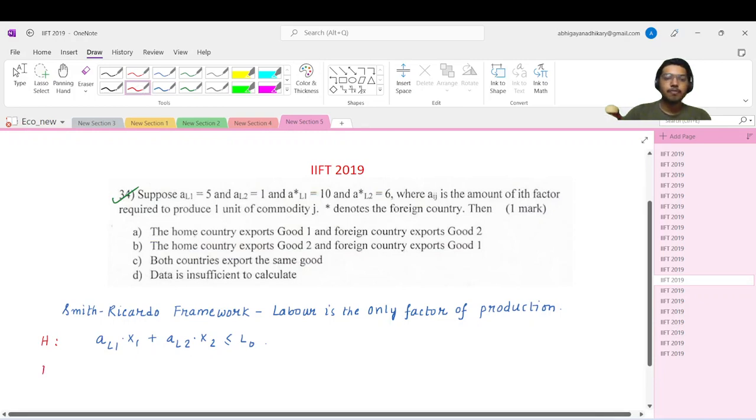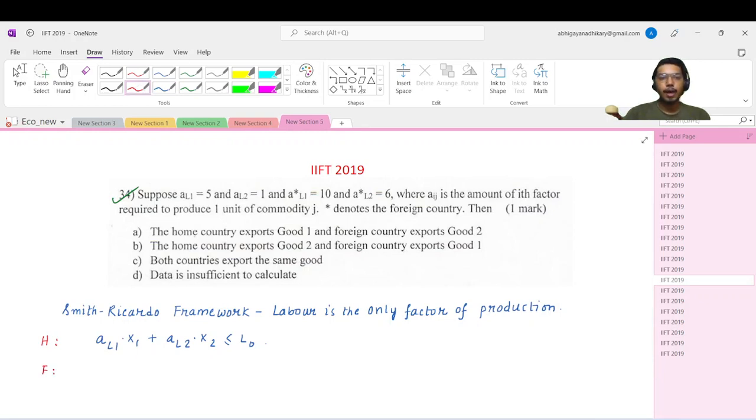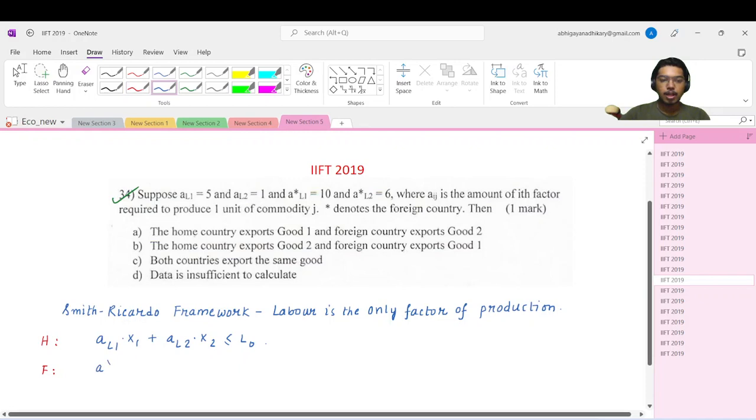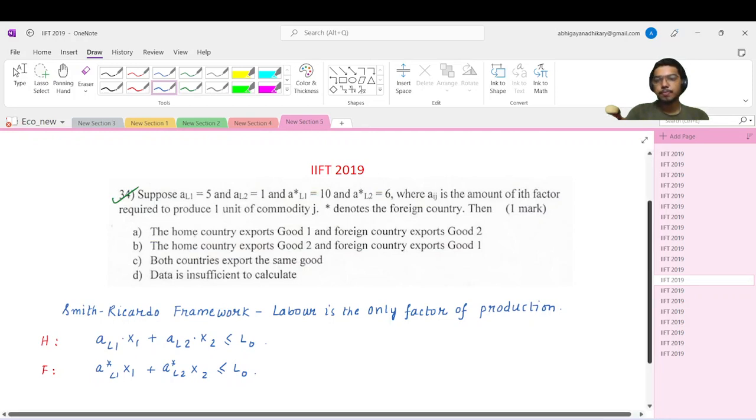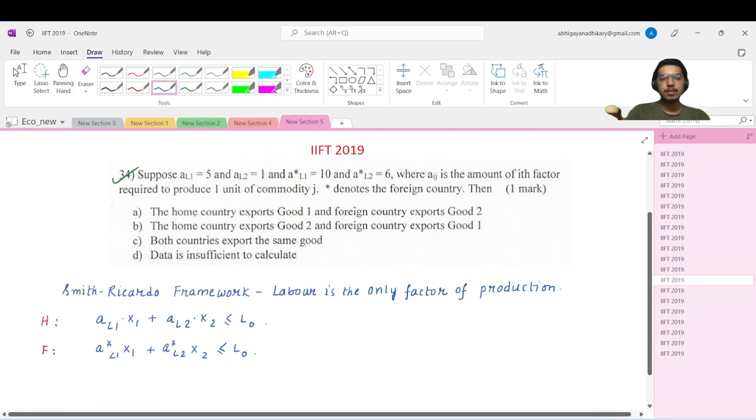And similarly for the foreign country: a*L1 times X1 plus a*L2 times X2 is less than or equal to L0. So these are the two equations which constitute the production possibility frontier.